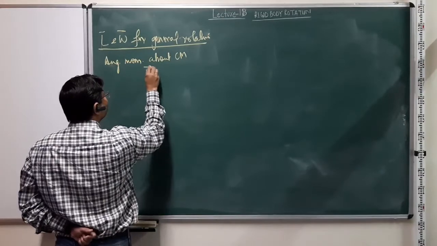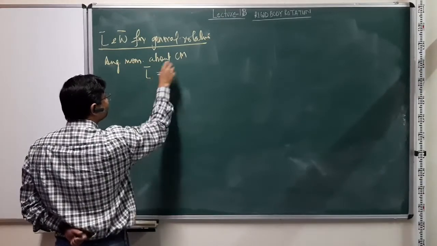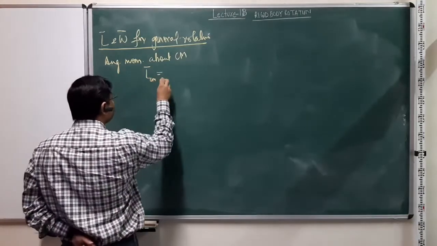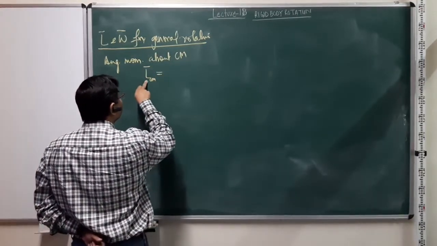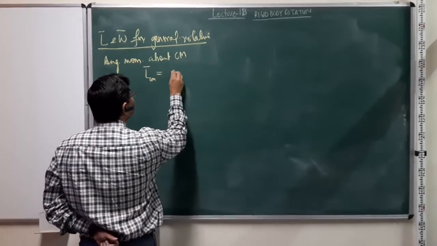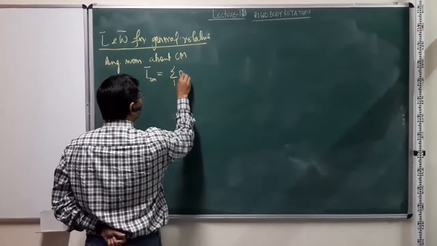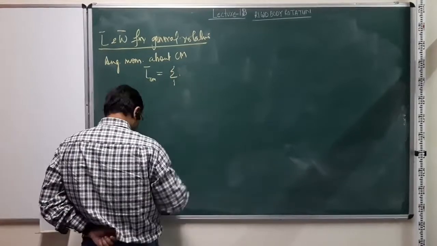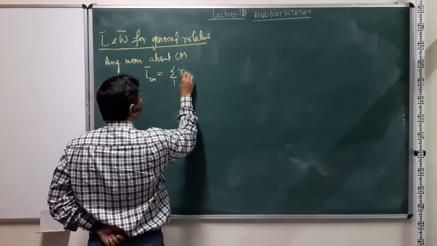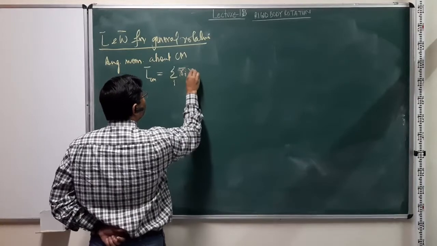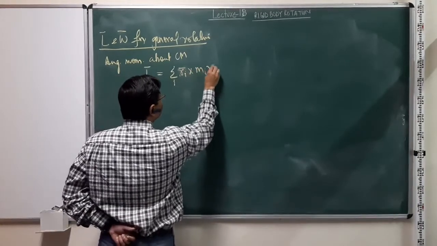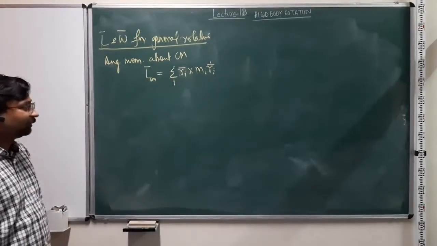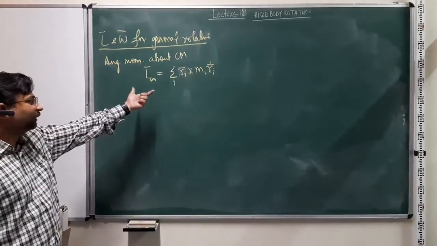So let us write down this L. I'll write CM here and then drop it just to remove the clutter. The angular momentum about the center of mass is then given as the sum over i of Ri cross mi Ri dot. This is the basic expression, and it doesn't change.